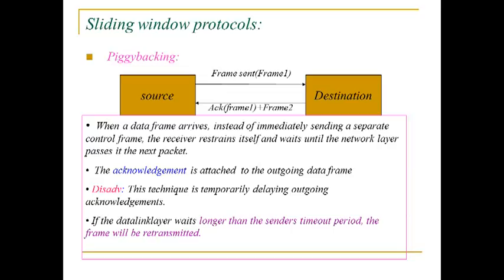In the piggybacking technique, we send the acknowledgement and the frame, but the source only sends the frame. And it also has a disadvantage, because it causes delay in outgoing acknowledgements; it might take a bit longer.